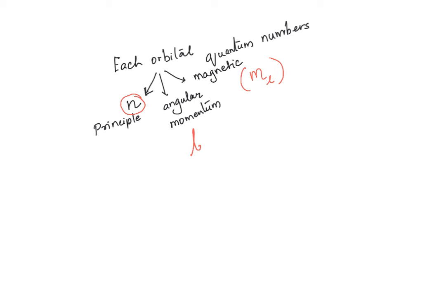Now there is also a fourth quantum number which is equally important, known as the spin quantum number, represented as m sub s, and this gives us information about orientation of the spin of electron.